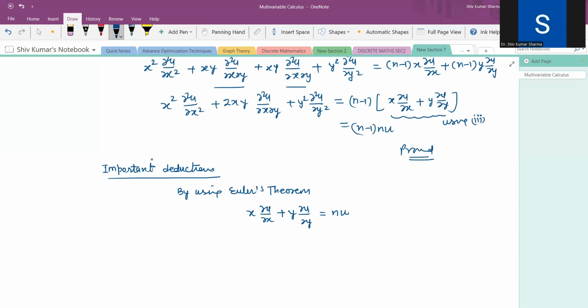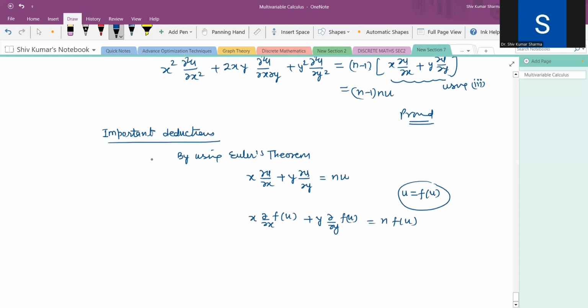Okay, so here u is given in the form of a function, that means f(u) form. So when u is given in the form of a function f(u), we can write x ∂/∂x of f(u), we replace u by f(u), plus y ∂/∂y of f(u) is equal to n f(u).